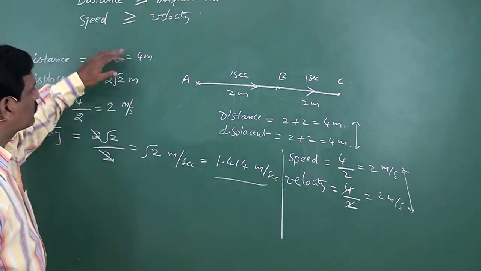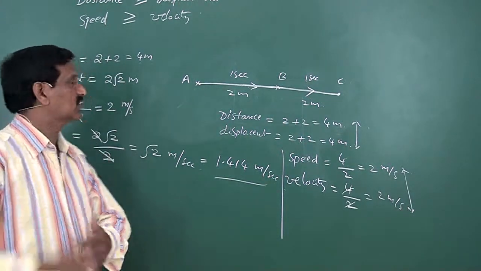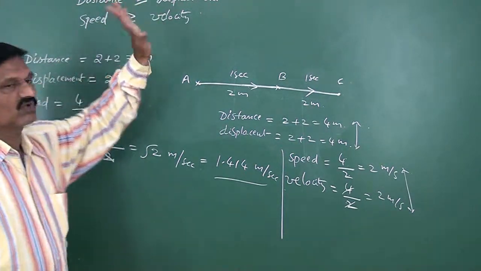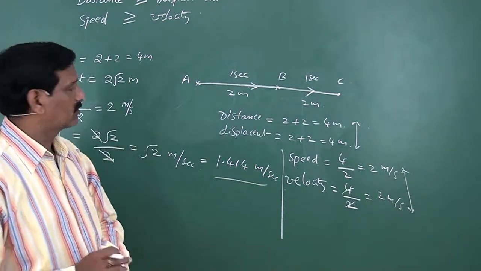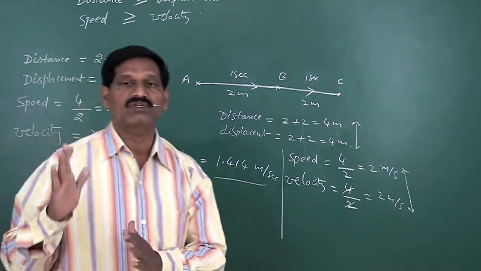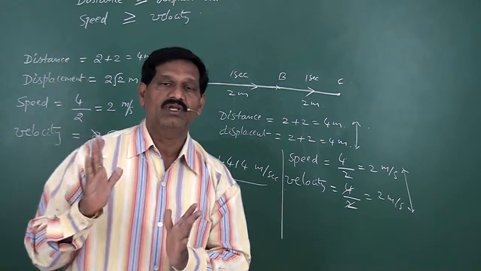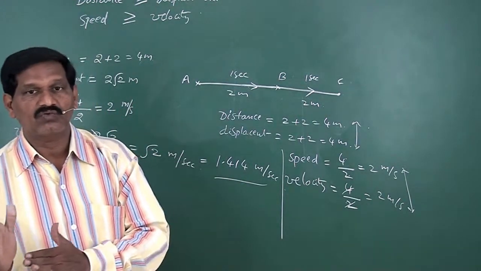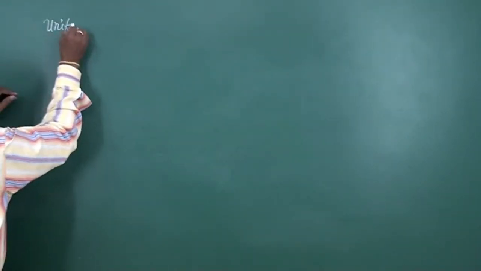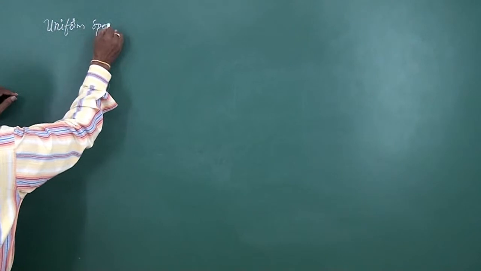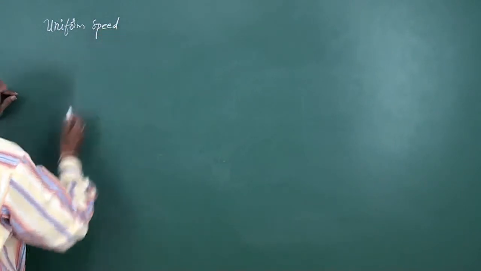Greater when the body moves in different directions, then speed is greater than velocity. So this is a simple thing to be noted. Distance is always greater or equal to displacement, speed is always greater or equal to velocity. Now you have uniform speed and non-uniform speed.